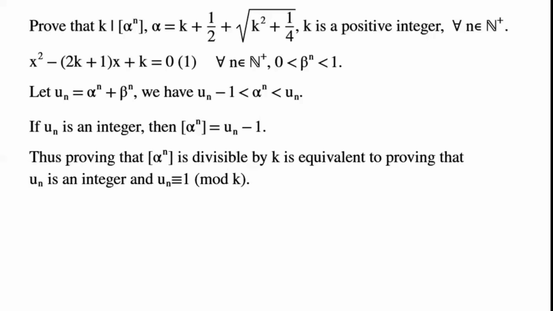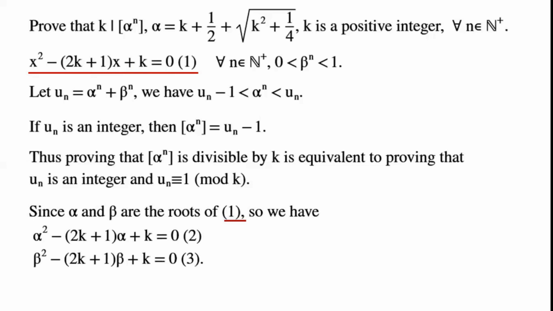Thus, proving that the integral part of alpha to the power of n is divisible by k is equivalent to proving that un is an integer and un is congruent to 1 mod k.